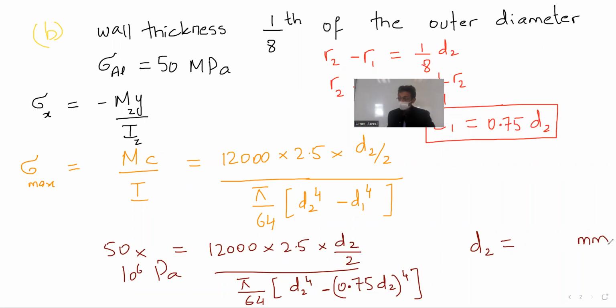So what is the final answer? You give me the answer. 208, I have. 0.282. Yeah. No difference.